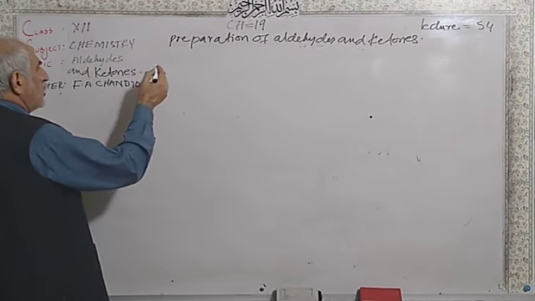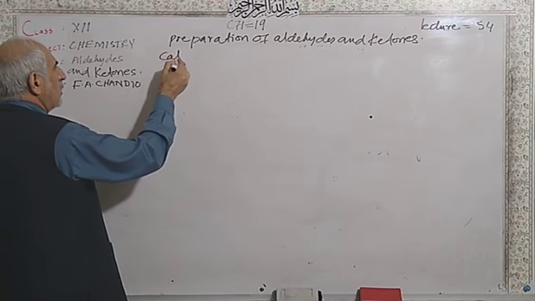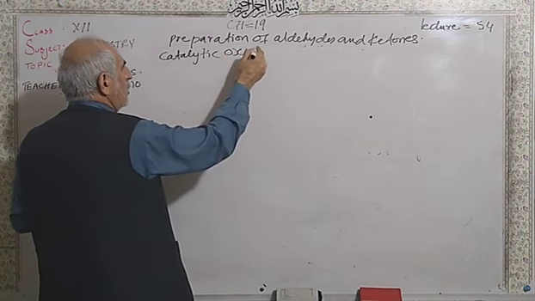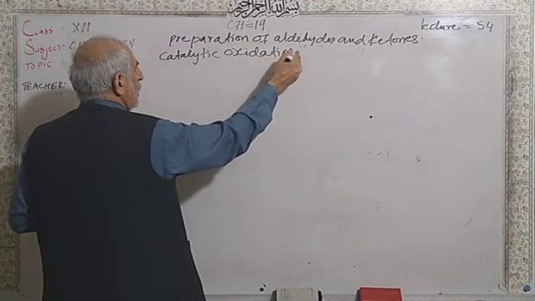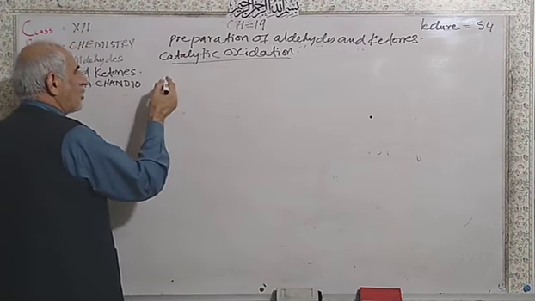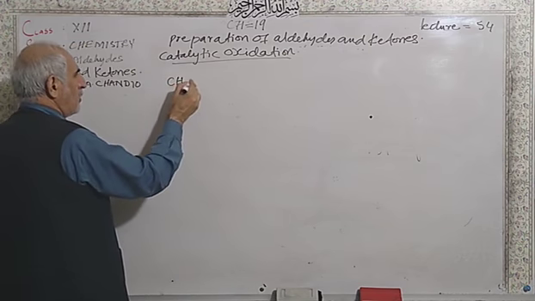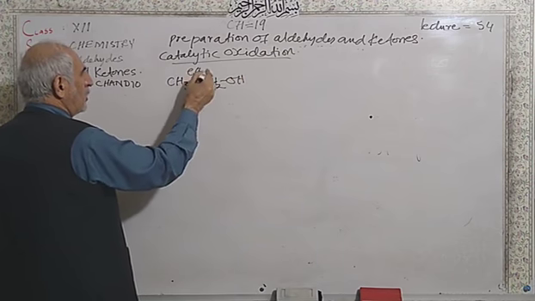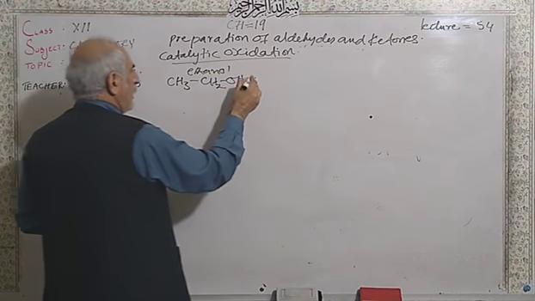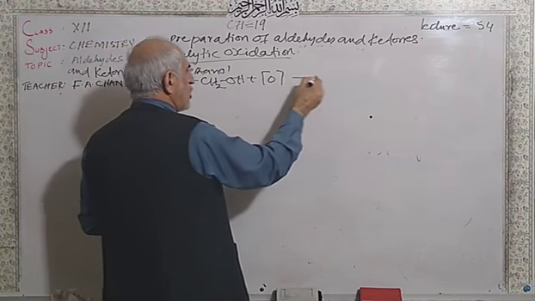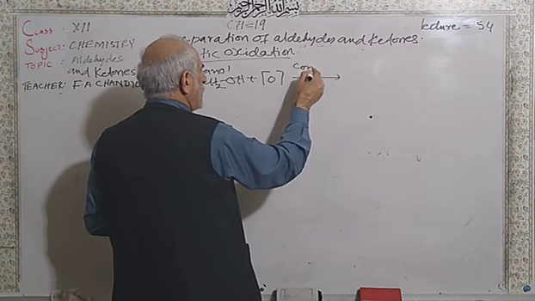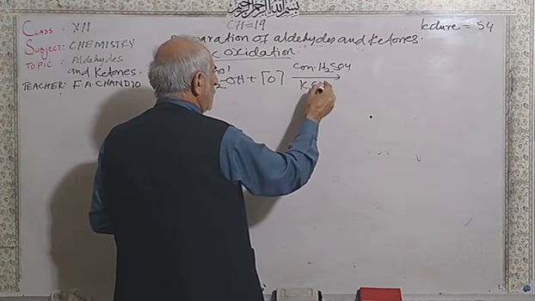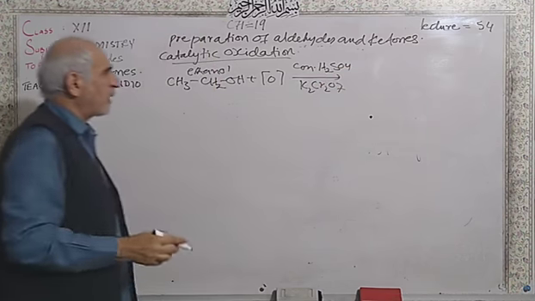The same catalytic oxidation of alcohols. This is ethanol, and this is a nascent oxidant which is formed from concentrated sulfuric acid and potassium dichromate or potassium permanganate.